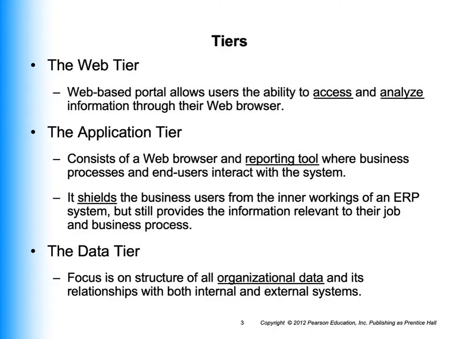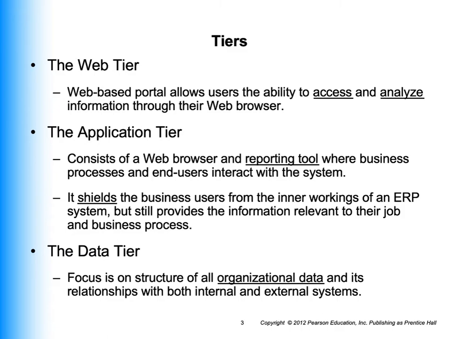Next we have the application tier, which is used for reporting and to prevent irrelevant access in between. And the last tier is the data tier, where you will organize all the data for the enterprise.